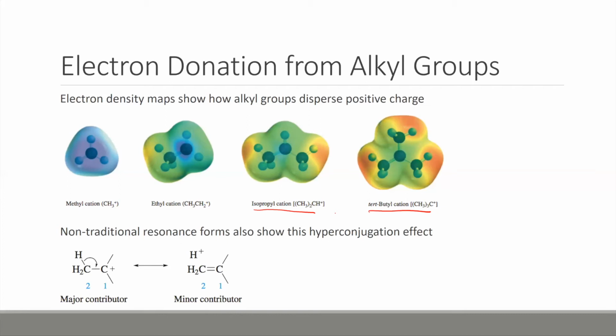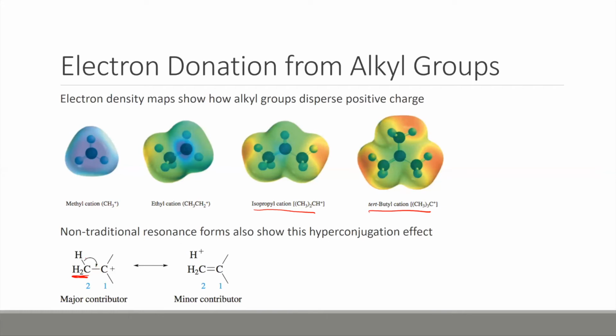Again, resonance helps to stabilize them as well. So non-traditional resonance forms can show a hyperconjugation effect. Here is a carbon group on the side of a carbocation.